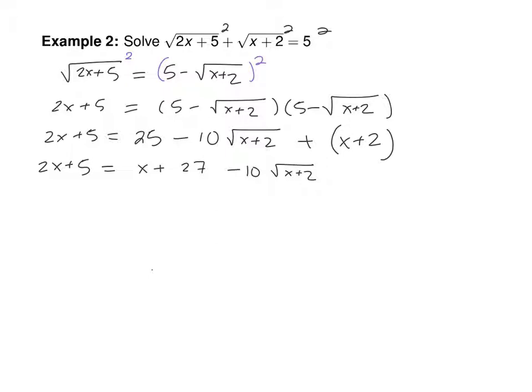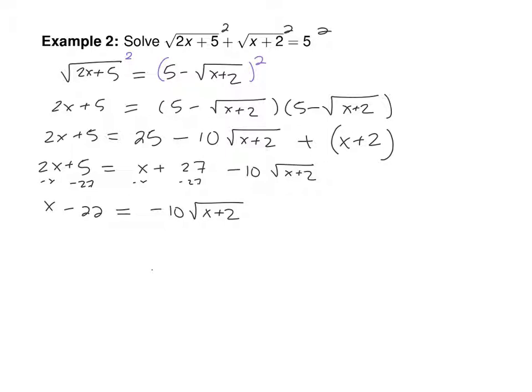So take away x, and you get x on this side. Take away 27, and you get minus 22. And at least at this point, you have successfully killed off one of the square roots, right?